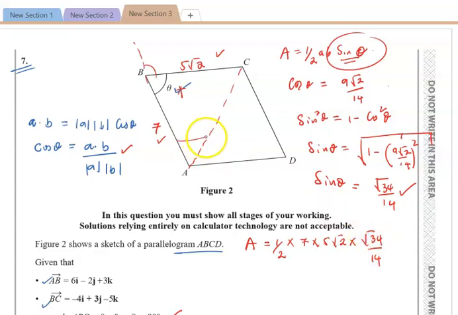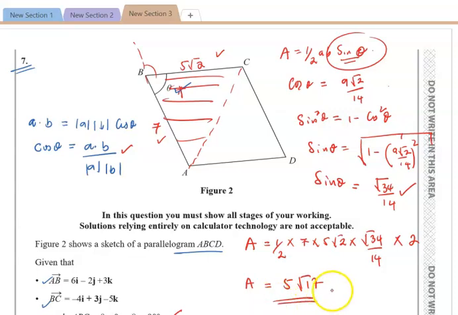But this gives the area of one triangle, so you multiply that by 2. When you do that, you can put it in your calculator, or do some quick math here, and you end up with 5 root 70 as the area of the parallelogram.